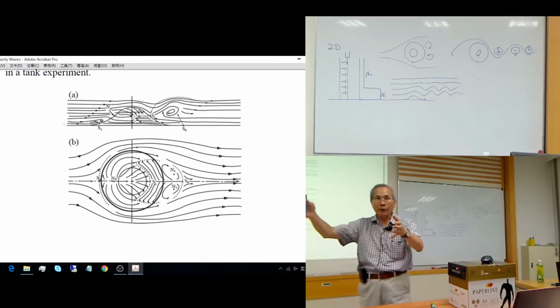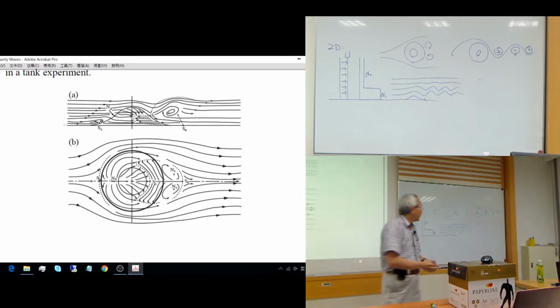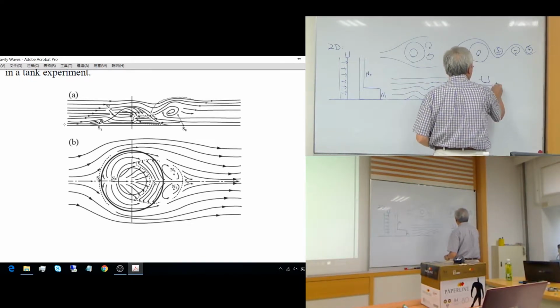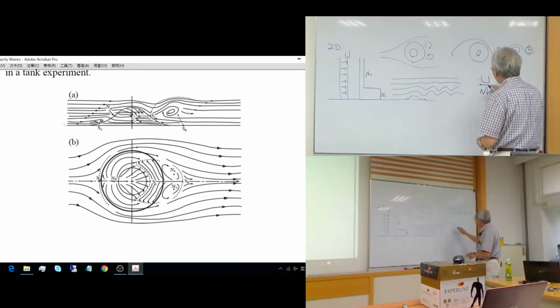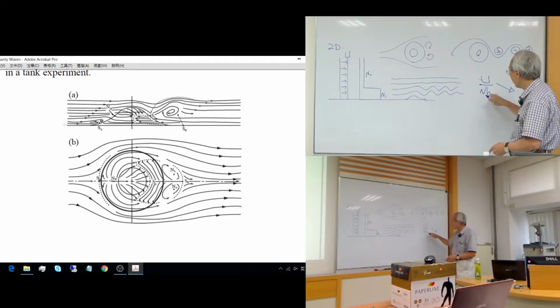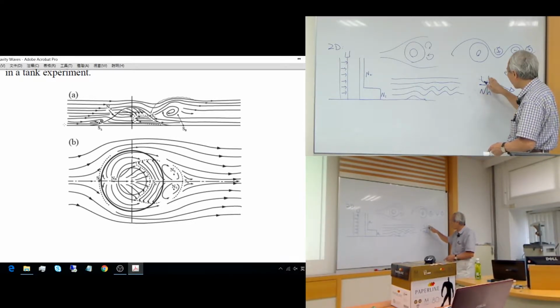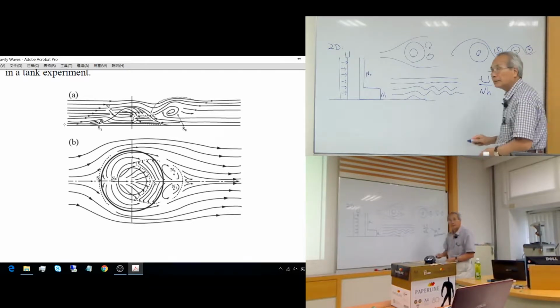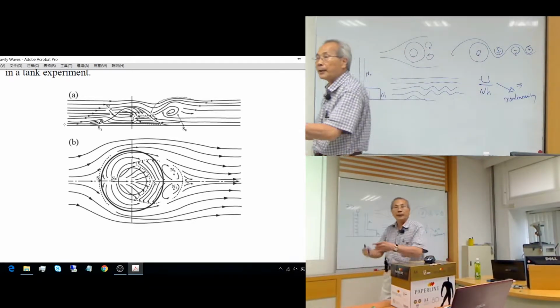But when the Froude number U over NH decreases, becomes smaller, U becomes small, or H becomes larger, or N becomes larger, or a combination of those, this implies we have more nonlinear flow, and then linear theory will not work.